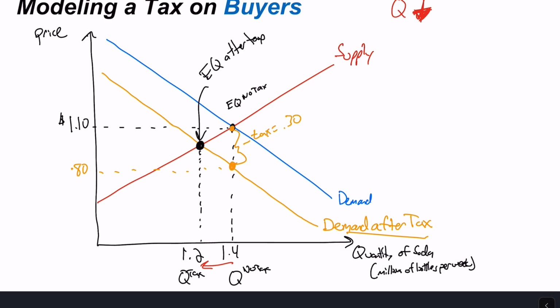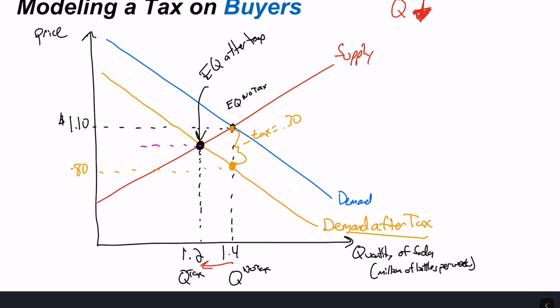Now to get the price the buyers pay and the price the sellers receive. Let's do price sellers receive here. That's going to be the easier one. And let's do a pink here, this dot here. We have our equilibrium after tax with our demand after tax and the supply curve. We're going to take that quantity, 1.2, and come up to the actual supply curve, that red original supply curve right there.